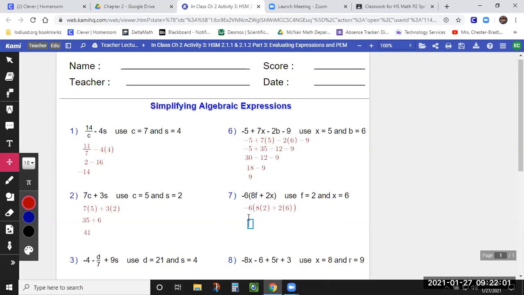Yes, we have to work with the parentheses first, but what do we have to do with the parentheses before we can start doing anything about the order of operations? First it would be grouping, right? But our grouping's not ready. We're not ready to group those. We have to do something else with them first. So what do we have to do first?